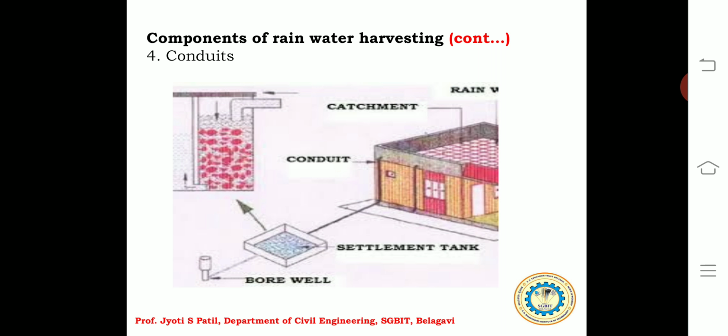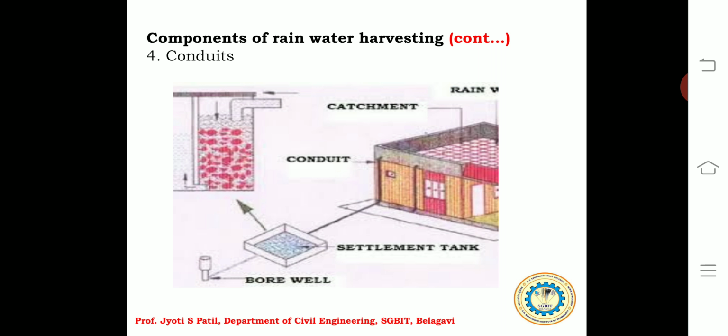The next component is conduits. Conduits are pipelines. You can see in the image, connecting to the catchment, a conduit which is further connected to a settlement tank. These are the pipelines or drains that carry rainwater from the catchment or rooftop area to the harvesting system.